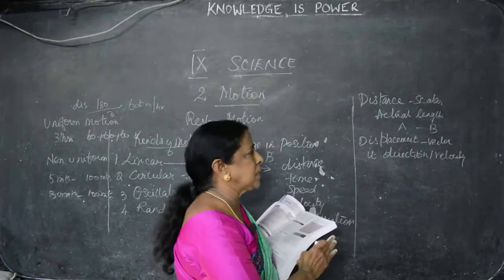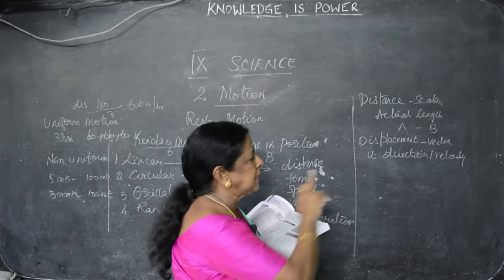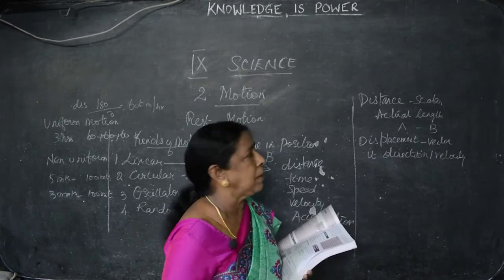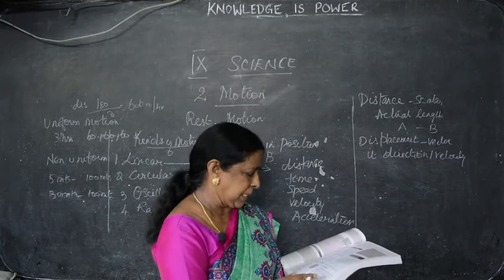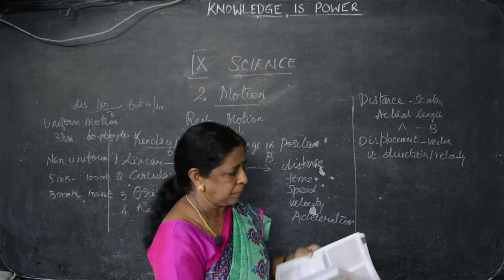In distance there is no direction, so it is a scalar quantity. Displacement is the vector quantity. We can say it goes towards the east, towards the north, like that. Displacement has direction. In distance there is no direction. So distance and displacement, clear?